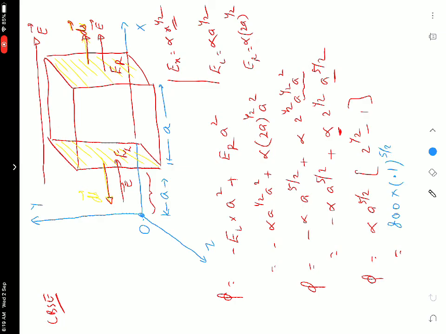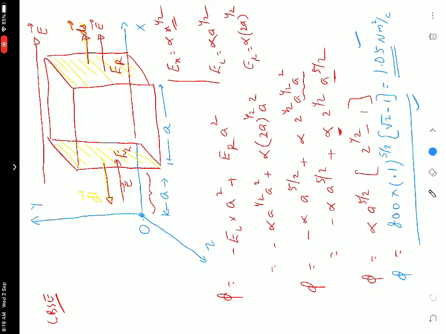This value you have to calculate, root 2 minus 1. On calculation you will get 1.05 Newton meter square per coulomb. So if we can practice this calculation, okay, otherwise you have to learn this value by heart, it is a board question. So okay, flux is calculated, a very important numerical.